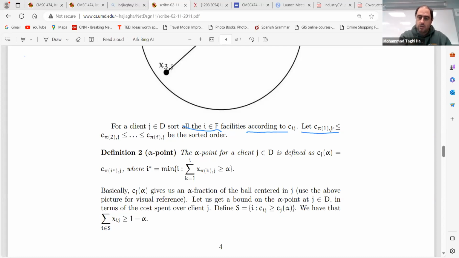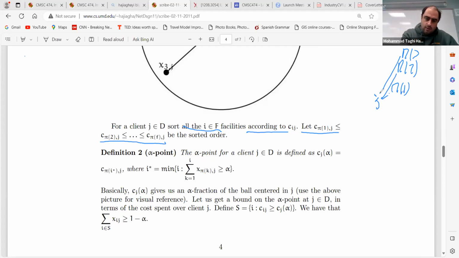If pi1(j) is the closest facility to j, then the second one is pi2, then pi3, and so on. So they become further and further from j.